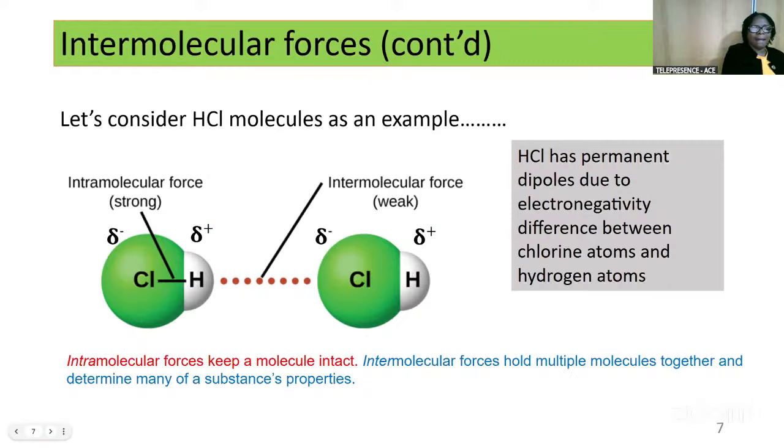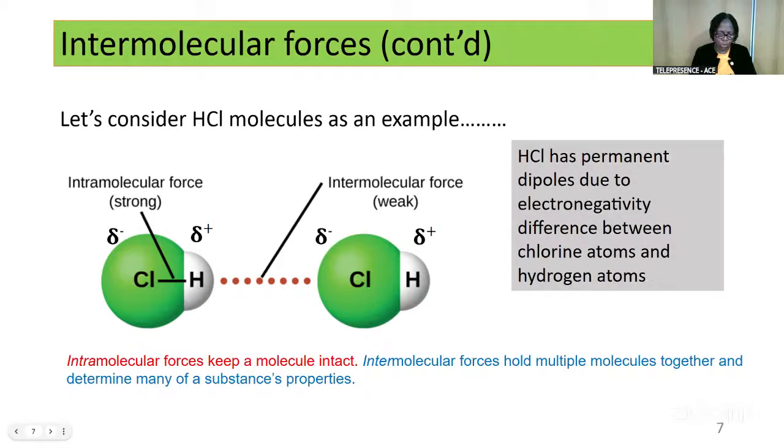This is the HCl molecule, and with another HCl molecule in close proximity, let me quickly remind you that for every 1 mole of a substance, you have 6.023 times 10 to the power 23 molecules. So when we say 1 mole of HCl, we mean that you have 6.023 times 10 to the power 23 molecules present.